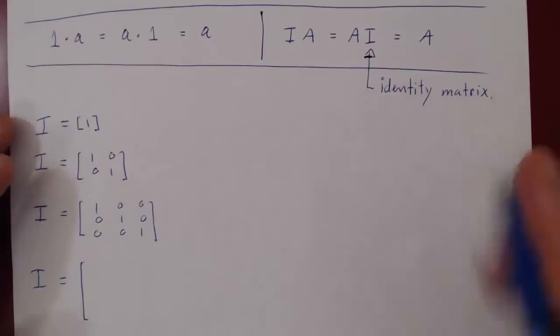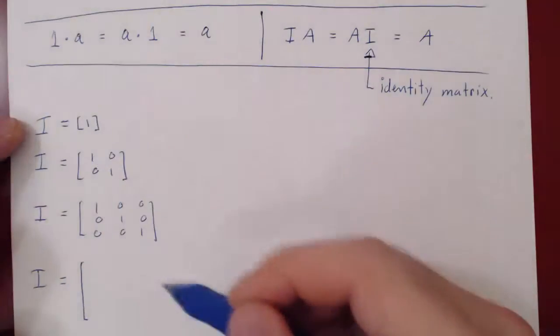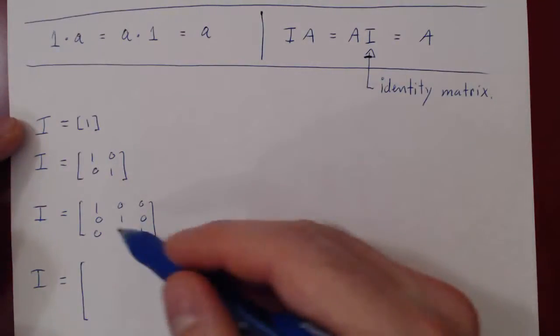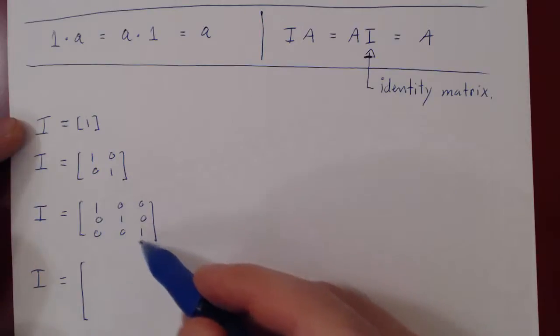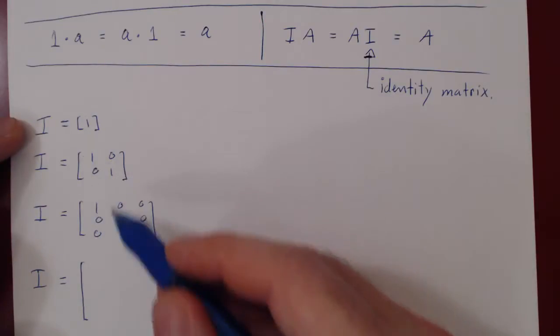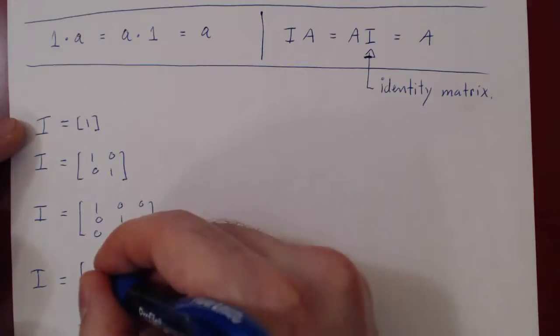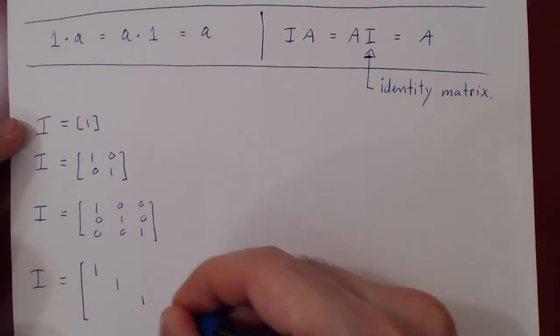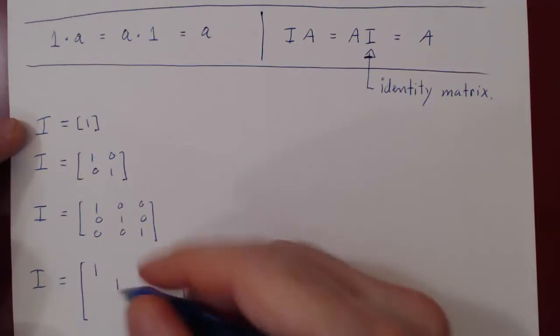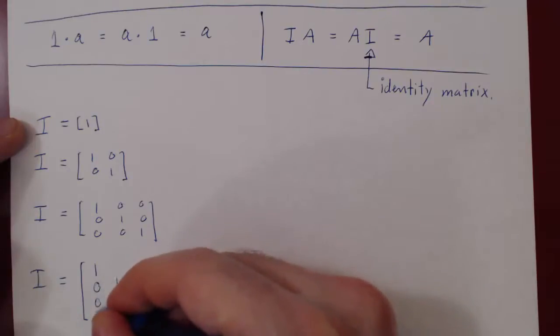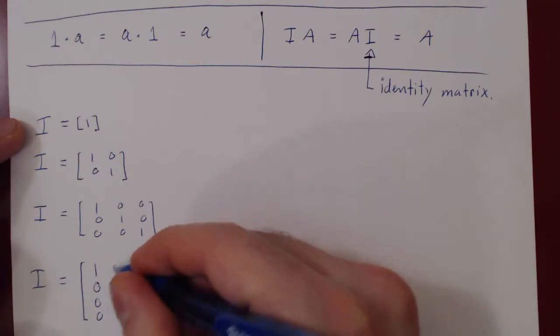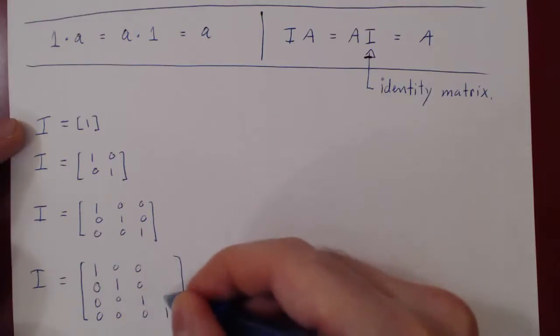And you can see the pattern, right? If you think of it, the simplest way of describing this matrix is, on the main diagonal, the entries are 1. Off the main diagonal, the entries are 0. So this would be 1, 1, 1, 1, zeros everywhere else.